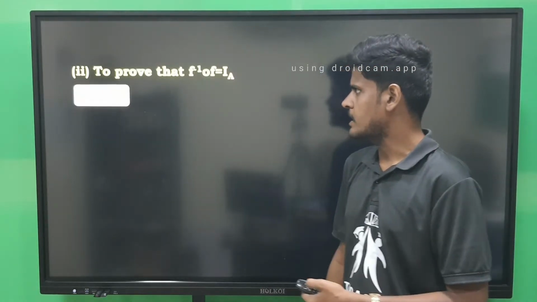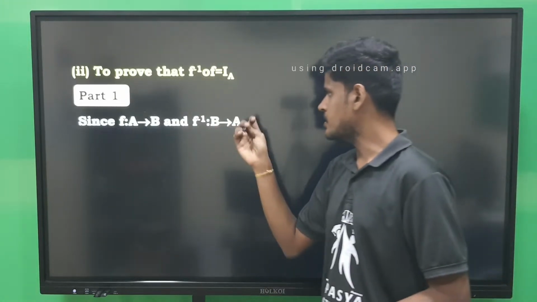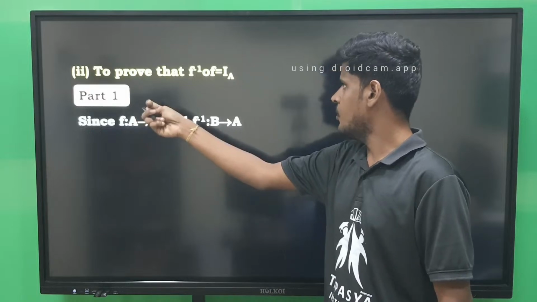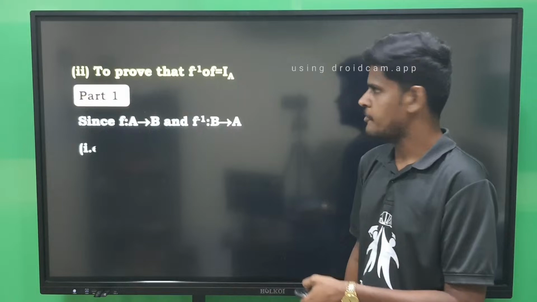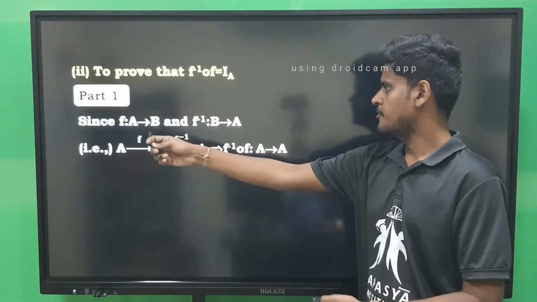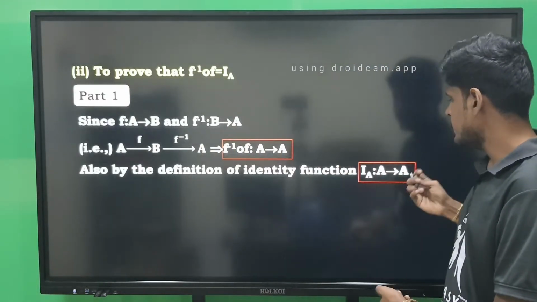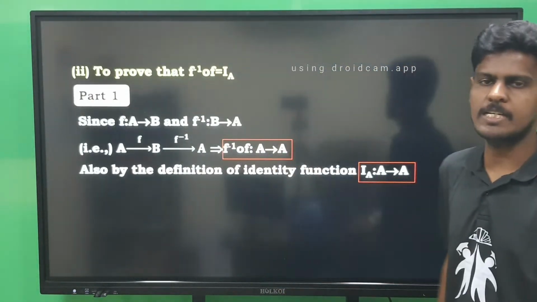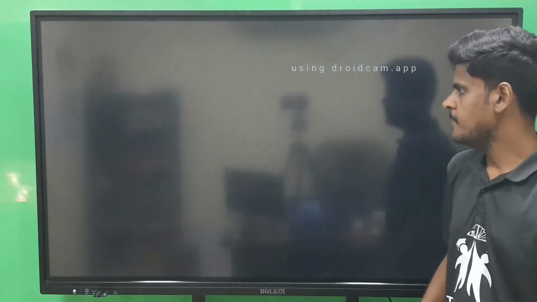Again we should check the domain of both these functions. f inverse is a function from B to A, f is a function from A to B. Input of f is A. Output of f inverse is again A. So this is a function from A to A. Ia is also a function, identity on A, so it is also mapped from A to A. So f inverse of f is a function from A to A. Identity function Ia is also a function from A to A. So both the domains of these functions are the same.